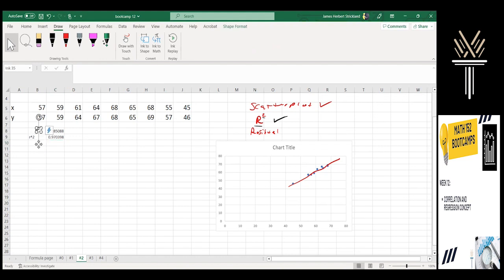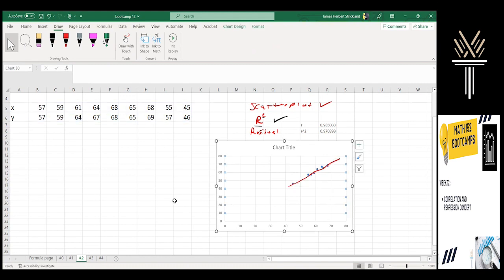Last thing we're going to need to worry about is the residuals. So I'm just going to move these calculations over out of the way. And so a residual, once again, is just a graph of the errors relative to our predictions. So in order to get the predictions, we're going to need the exact equation of this line I drew.